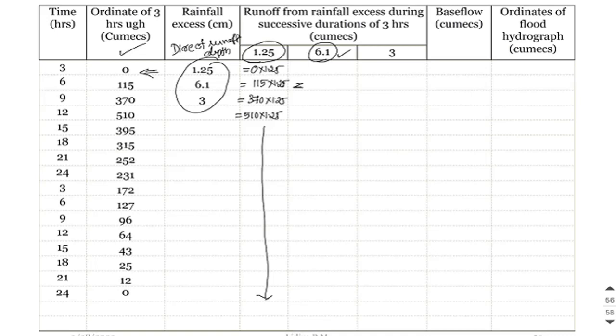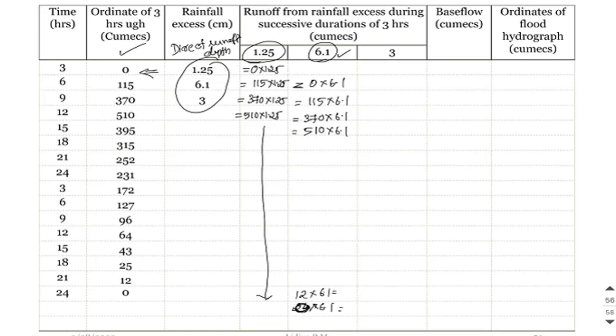This will be equal to 0 into 6.1. Next it is 115 into 6.1, then 370 into 6.1, then 510 into 6.1, like that, and so on to 12 into 6.1. Find out the values.